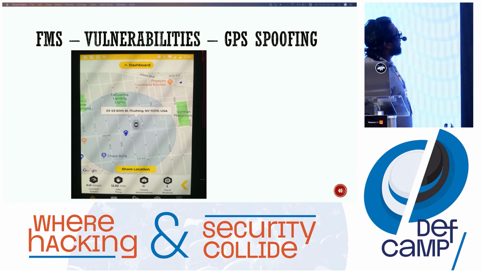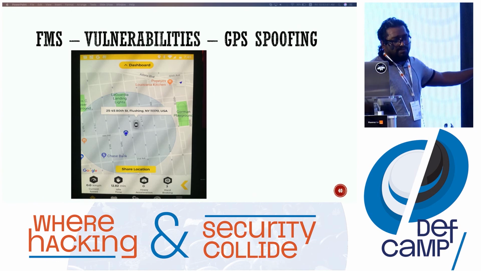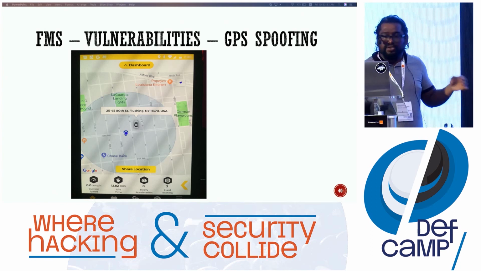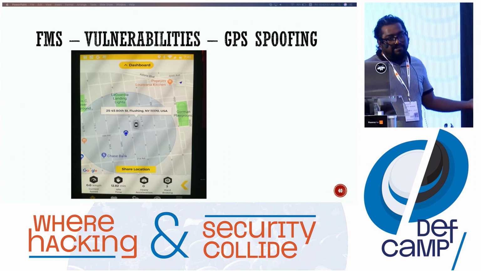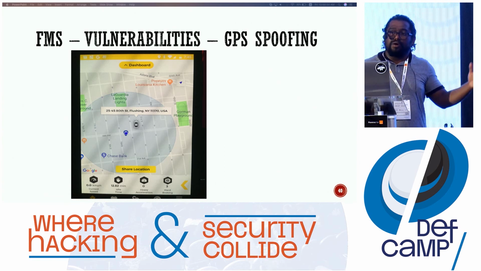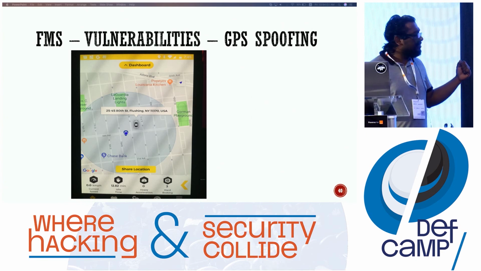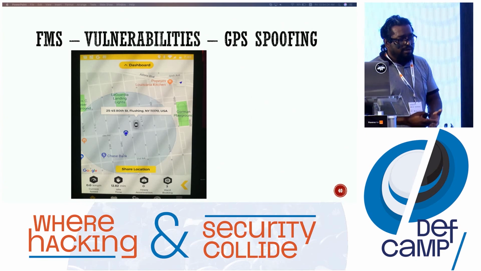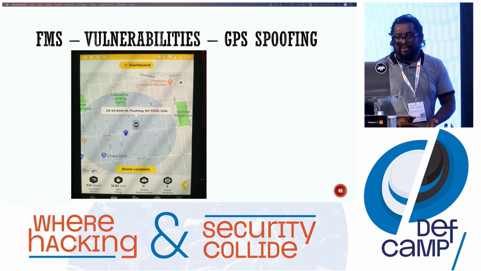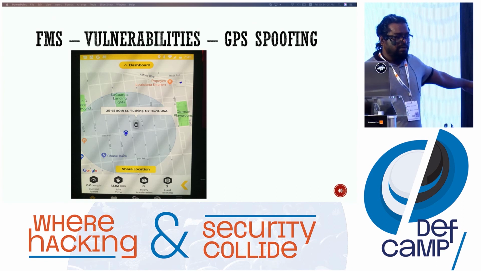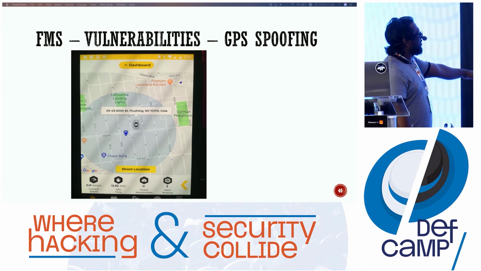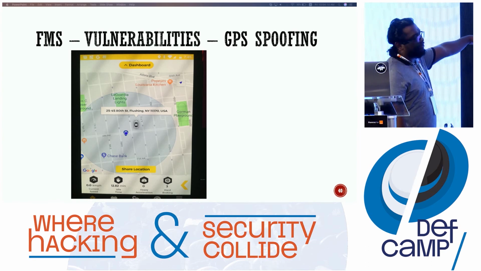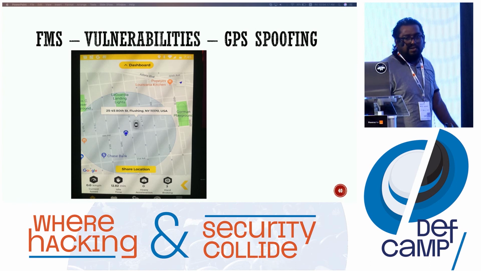So how can we mitigate this GPS spoofing? It is very critical for those people who make the fleet management systems. What happens if your car gets stolen, and you try to see where exactly your car is, and the thief, a very genius robber, does some GPS spoofing?